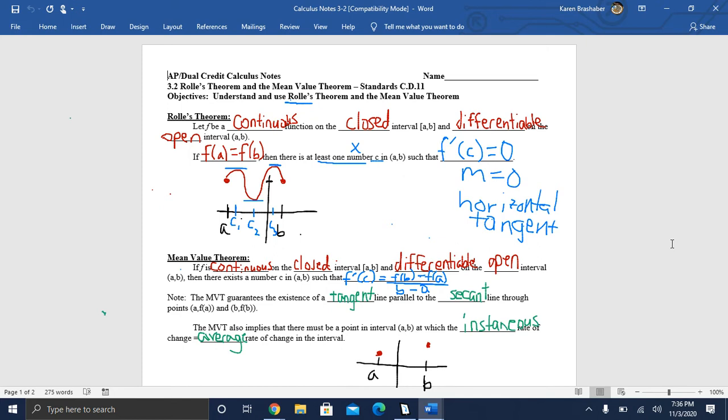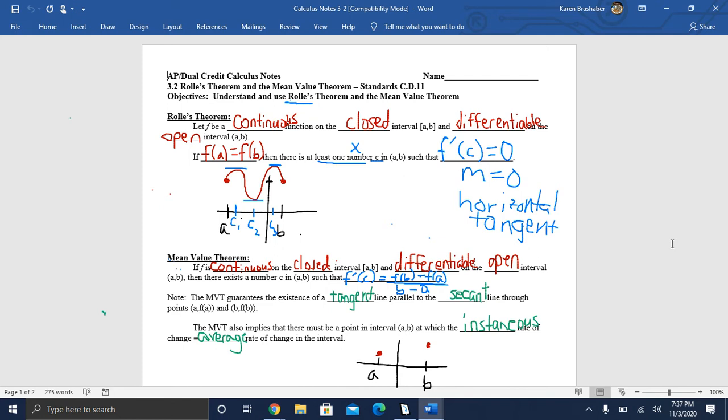Remember, differentiable means no sharp turns. Continuous means not lifting your pencil as you're drawing. So those are the only 2 conditions. Mean value theorem does not require that f of a equals f of b. So it just has those 2 conditions.